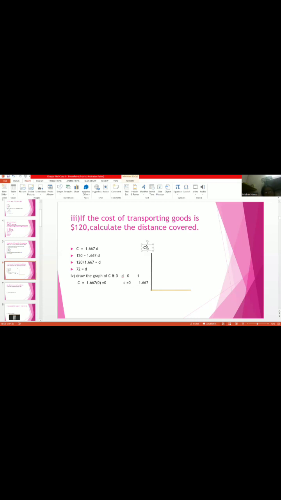This one is C. So here I put the next value, that is D. On the horizontal line I have the variable D, and on the vertical line I have the variable C.